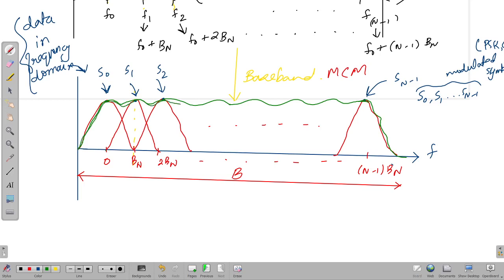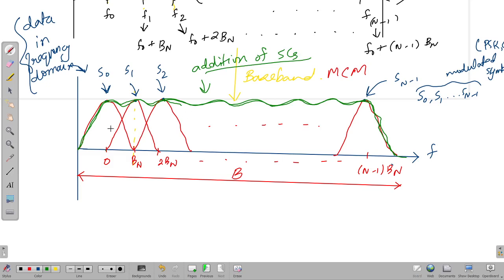If you see the frequency spectrum of an OFDM signal, it would look like this. Basically what happens is addition of subcarriers.